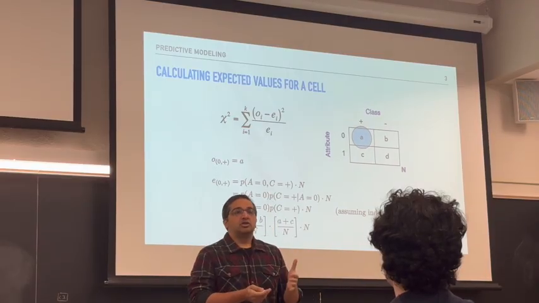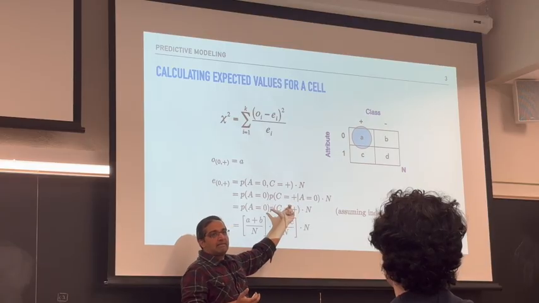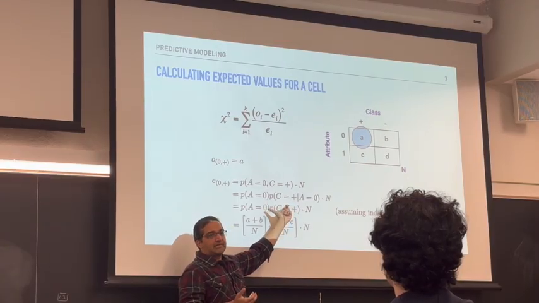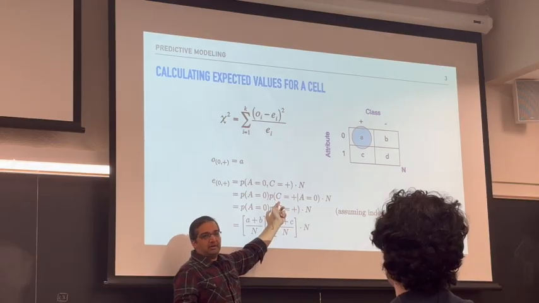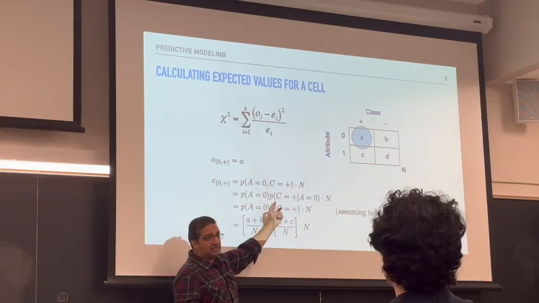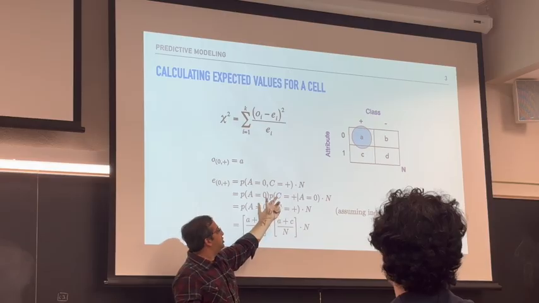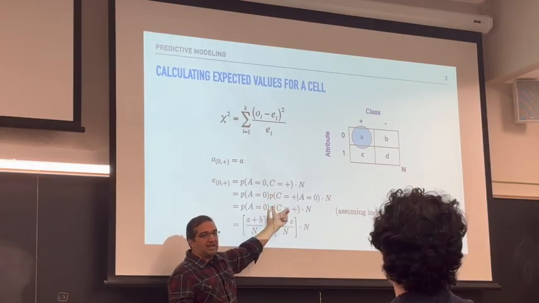So if they are independent, that means this probability will divvy up like this, right? That's the definition of independence. So then you divide it up like this. The individual probabilities get split up. The joint probability is equal to the multiplication of the marginal probabilities, right?